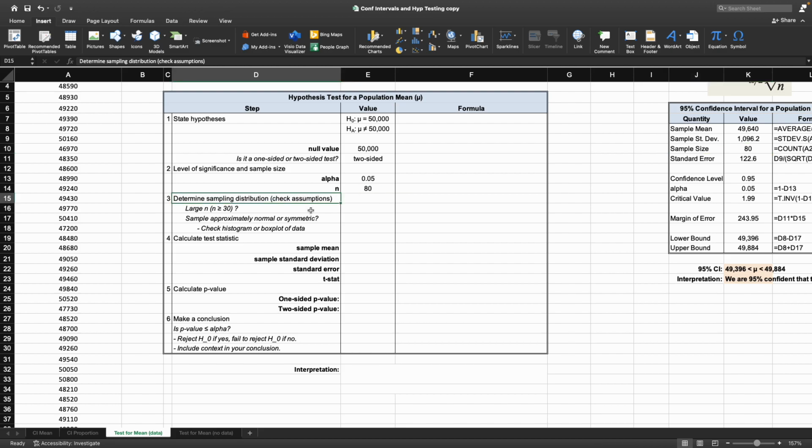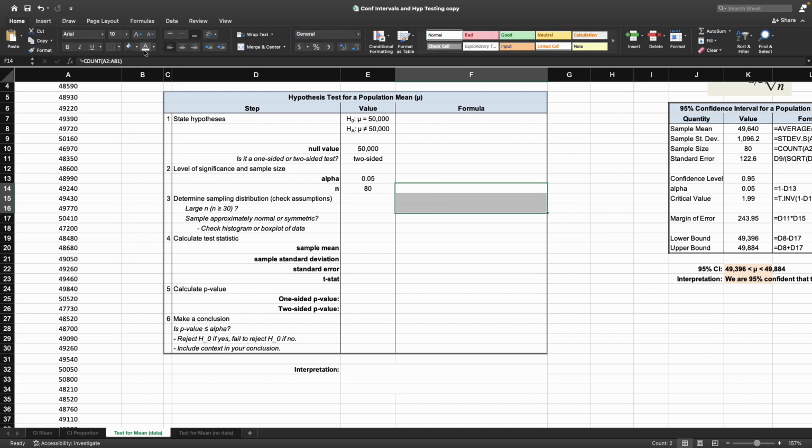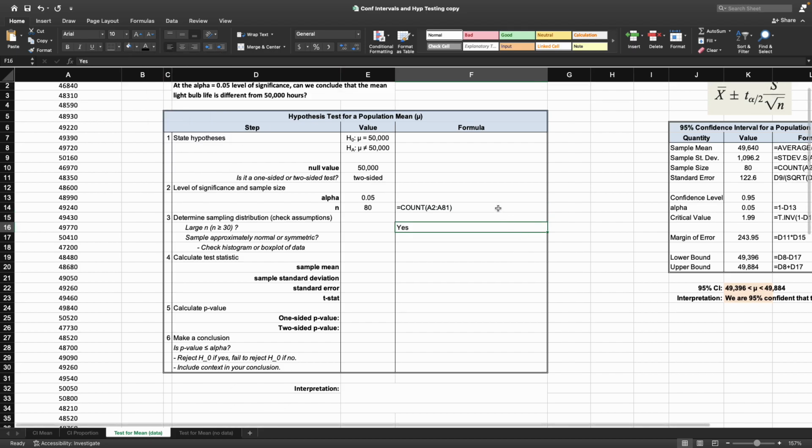Okay, so determining the sampling distribution, so checking our assumptions. Is N bigger than or equal to 30? Well, we can use a function here that I wrote up. And that is just, the function did not carry over.